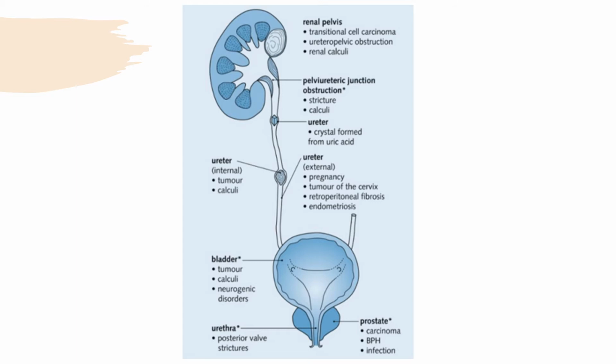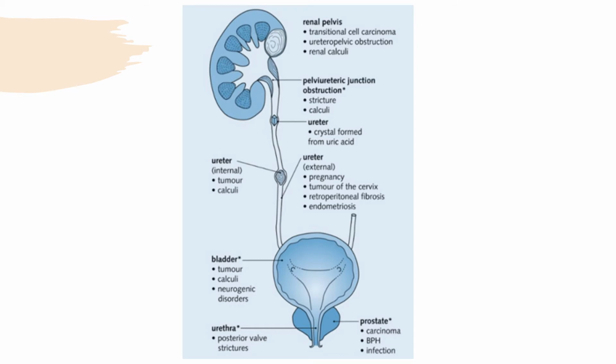There could also be a tumor. Again, more on the external side, we could have pressure from a fetus from pregnancy, or a tumor of the cervix pressing on the ureter. Retroperitoneal fibrosis or endometriosis can cause issues such as that.